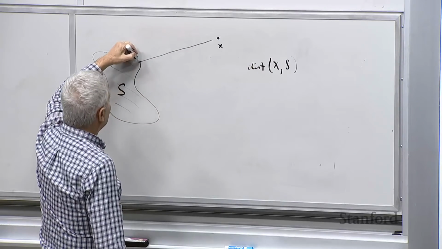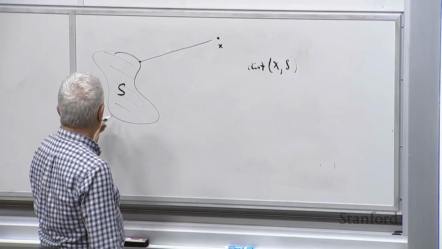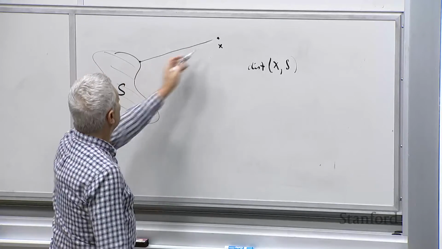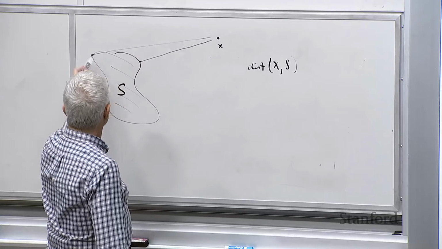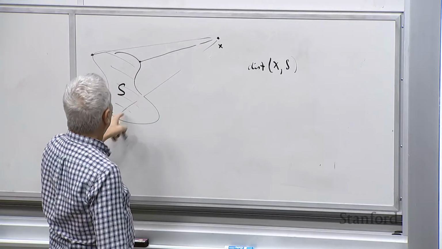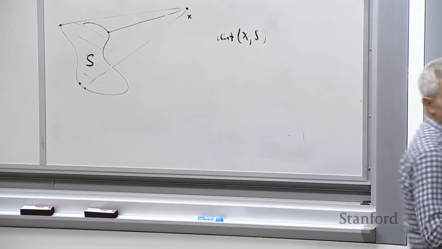So it would be something like that. This is the farthest distance. I have no idea what it would be. It's either this point or that point, or maybe something way over here. Anyway, that farthest distance is convex.